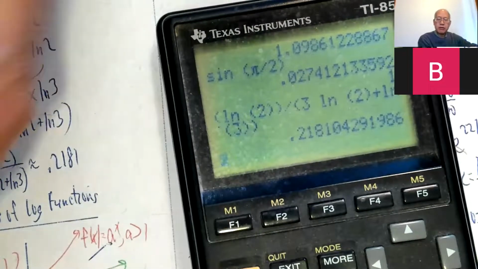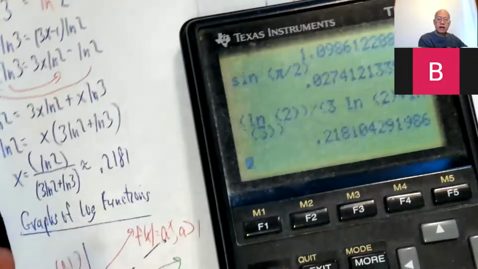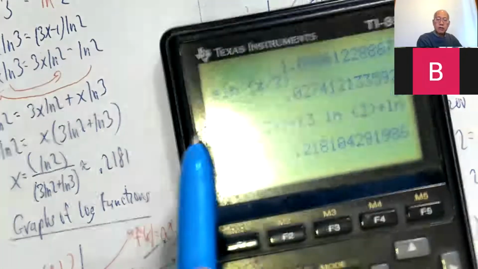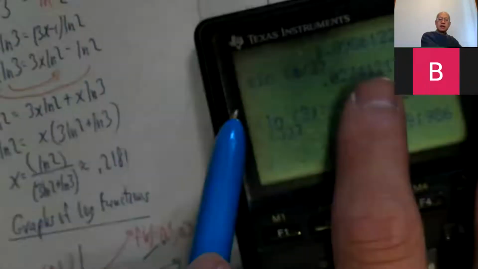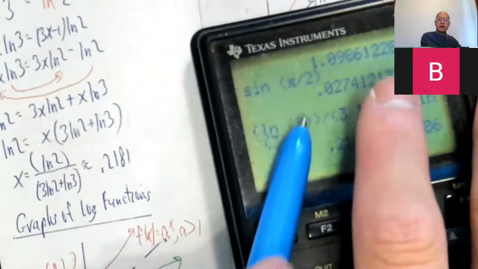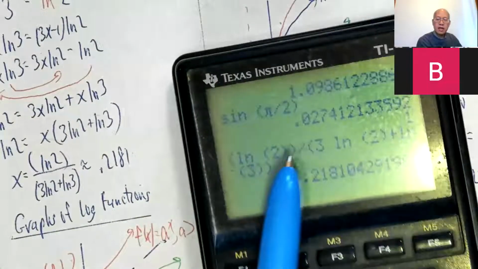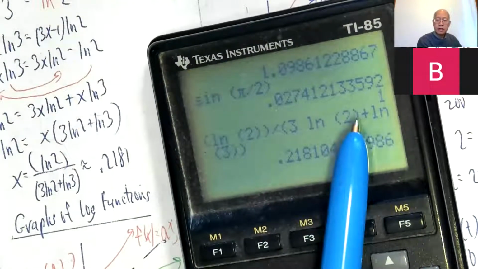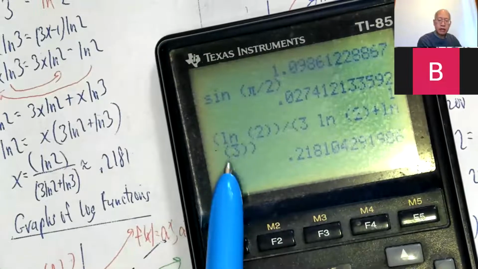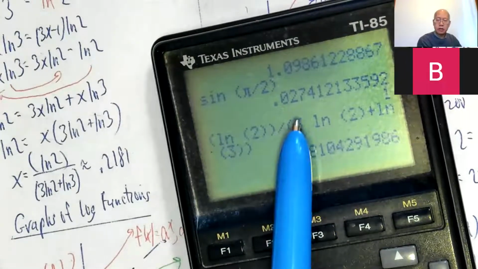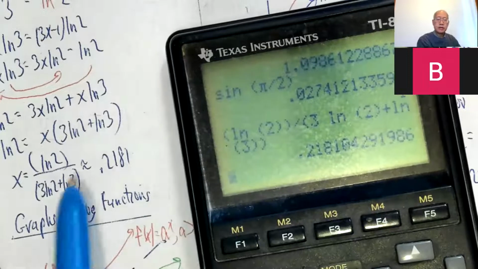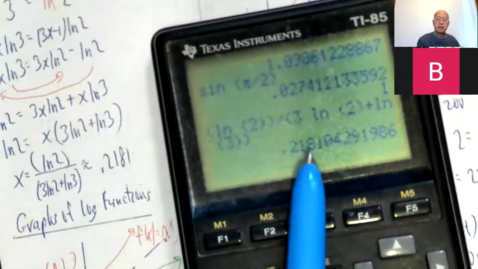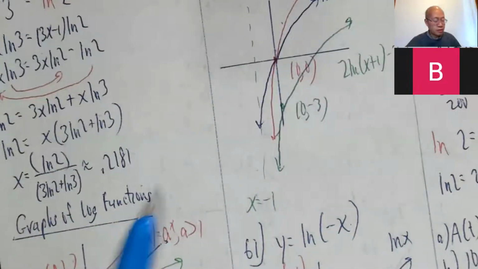Then you have to close it with a right paren. And I have a double right paren because I have left, left, so right, right. So all of this right now is the numerator. Divided by parentheses, 3 ln, if your calculator gives you a left paren, then 2 right paren, plus ln, same thing, paren, 3 paren, and the second paren is to close the entire denominator. So this would be typed in like this, 0.2181. Okay, so there we go.